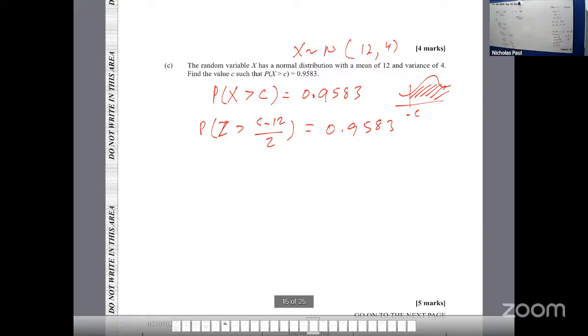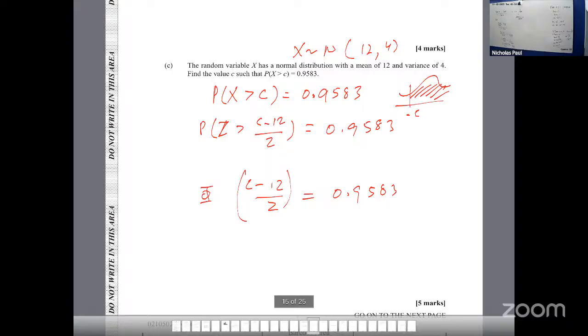So what do I write now? So it tells me that phi of this value should give me what? Phi of this value should give me minus 0.9583. Where do I put the minus sign?